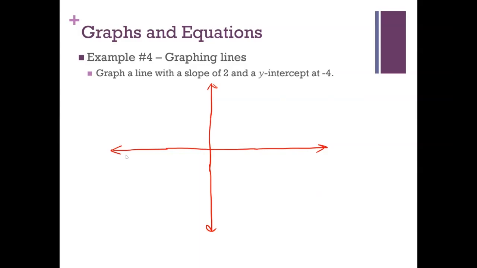What does my y-intercept tell me about my graph here? What can I start by doing? X is 0. When x is 0, what does y equal? No, in this case, we know it's equal to -4.